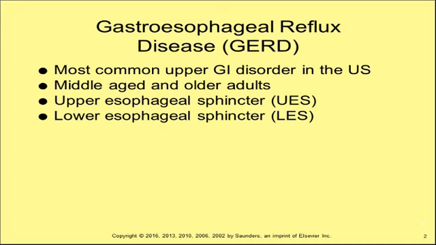So it's normally contracted, but anytime it has extra pressure on it, then it slowly starts to become relaxed, and then you'll get the regurgitation that allows, again, those gastric contents to flow into the esophagus, exposing the esophageal mucosa to the acid. People that are obese and overweight are at highest risk.